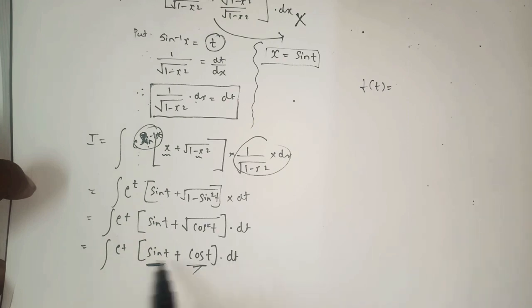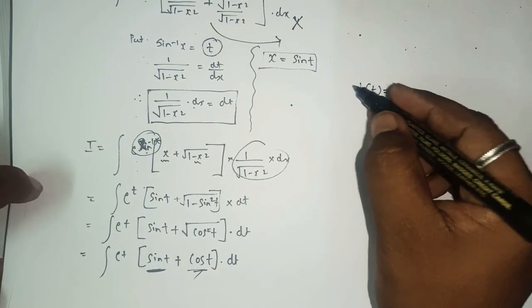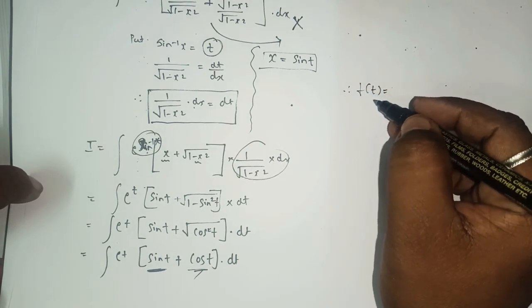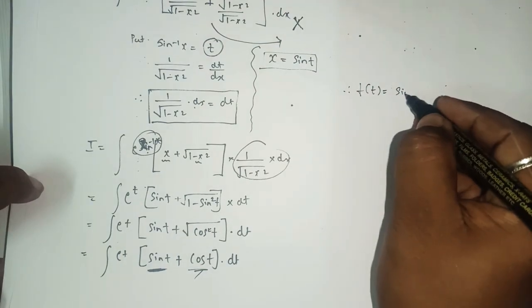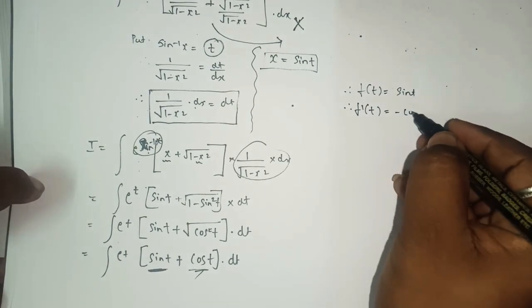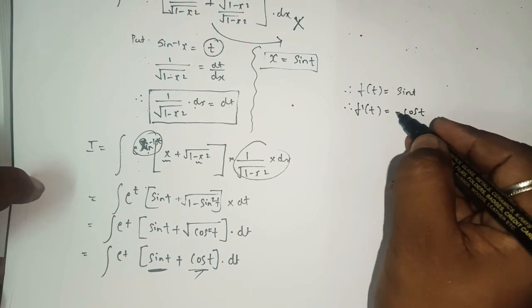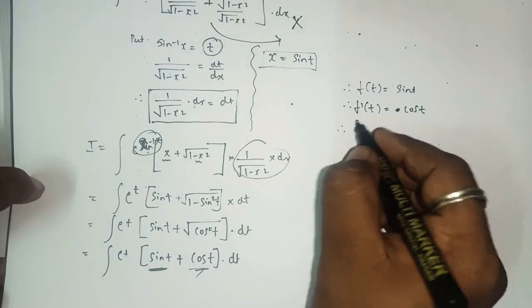The whole section is in t terms, so the function will be with respect to t only. So in place of f of x, we can write f of t. So for f of t we take sine t. Its derivative with respect to t will be, minus cos, sorry, it will be cos t. So we'll apply the property.